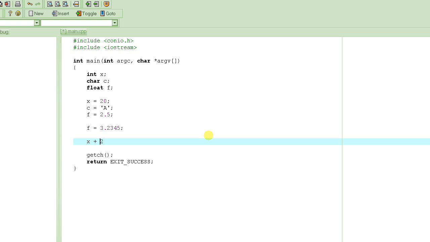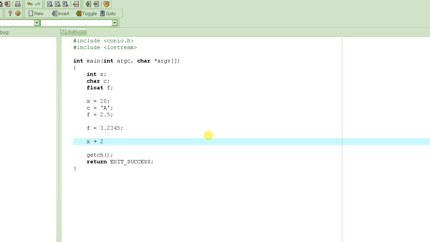And this is called, in mathematics, an expression, right? If you learned algebra, you know what I am talking about. So x plus 2 is an expression. So it's basically 20 plus 2. The result of this expression, because the value of x is 20 here, the result of this expression, x plus 2, is actually 22.